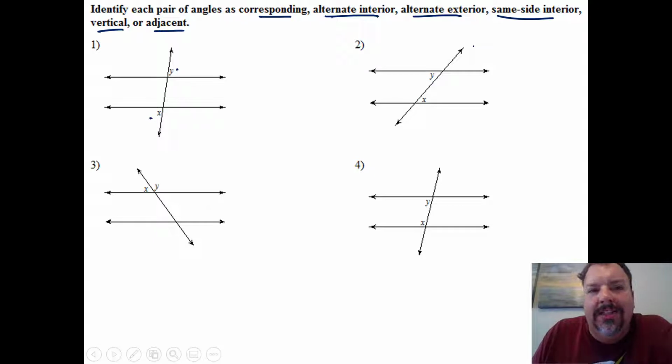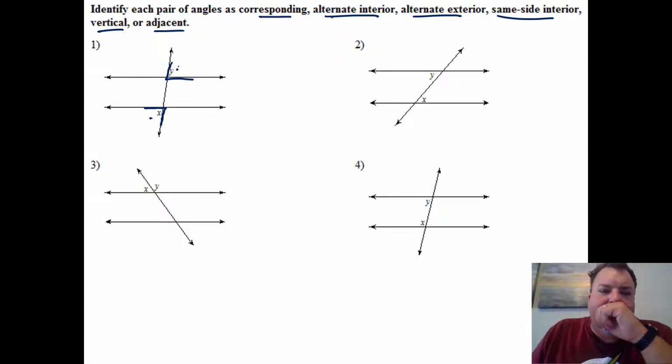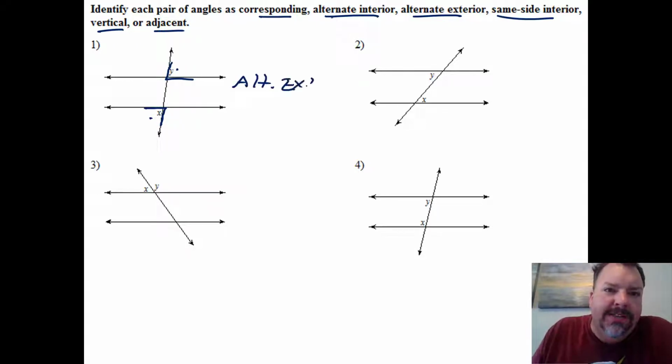They're both on the outside. Do they match up? Can I slide one into the other? No, they're going in different directions. This one is pointed that way, this one is pointed that way, so they're not corresponding. They are on opposite sides of the transversal, so these would be alternate exterior angles.